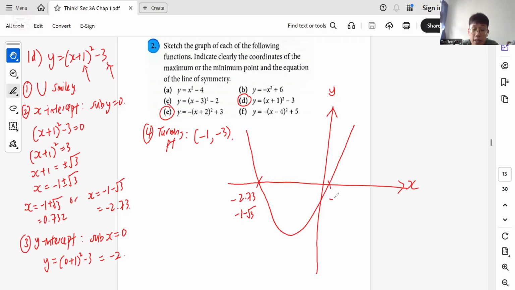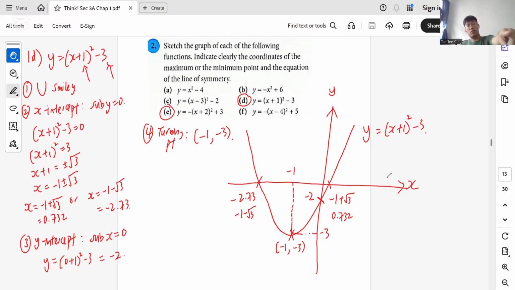For this one it's -1 plus square root 3, also fine. The turning point here is -1, -3. The y-intercept here is -2. Then just label y equals x plus 1 squared minus 3.